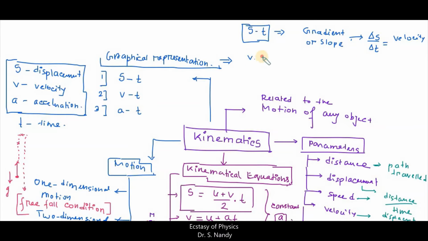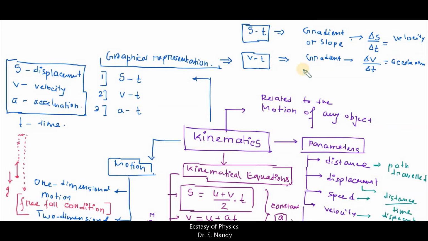From the vt graph, the velocity time graph, if we can determine the gradient, that is going to represent the acceleration. So it's dv dt, that represents the acceleration.